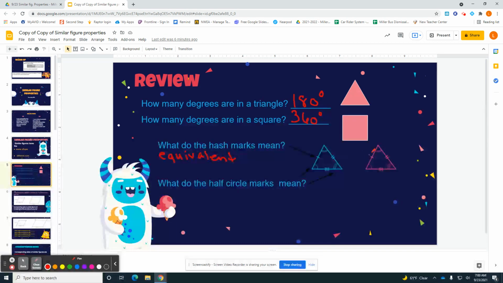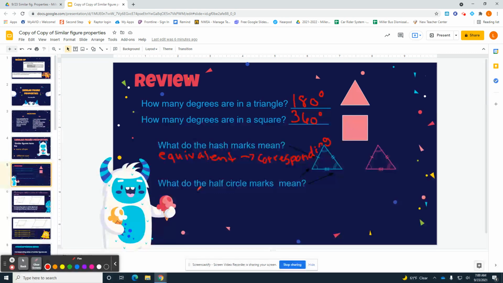This line with one hash is the same as this line, whereas the line with two hashes is the same as the line with the two hashes, and the one with three is the same as the one with three. Equivalent or corresponding sides.